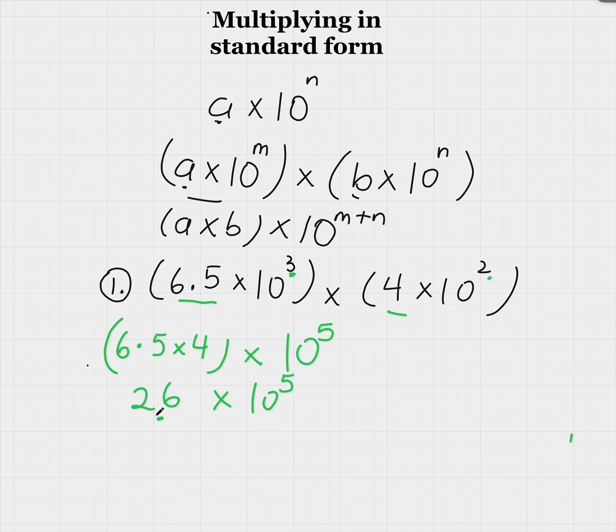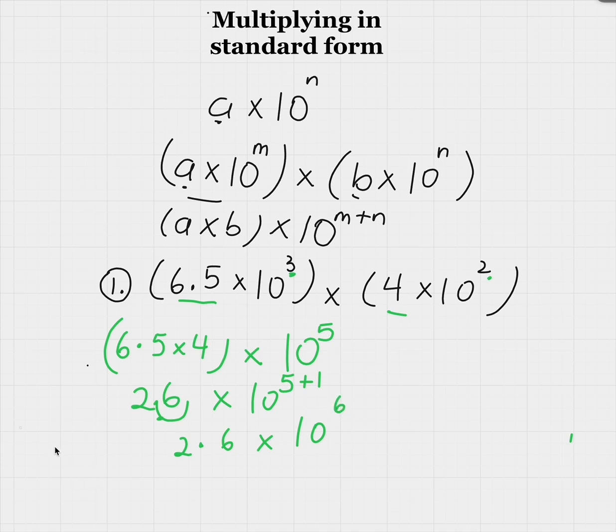So how do we write this? We're going to have to move the decimal point from here to between 6 and 2. Since we move to the left side, we're going to have to add another 1 to the power there. So we get 2.6 times 10 raised to the power 6.